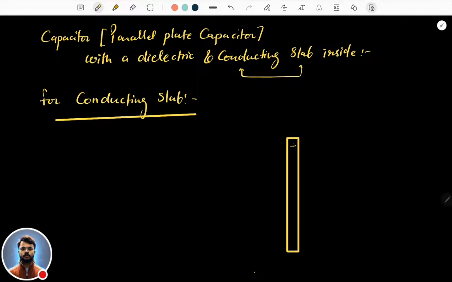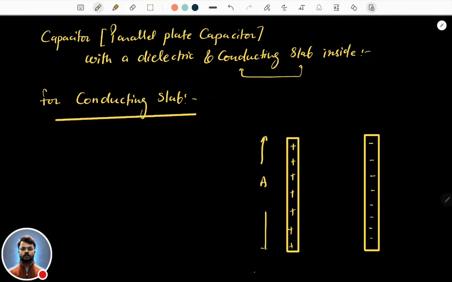Now this is the positive plate, and this is the negative plate. Here we consider that the area of the plate is A and the distance between the plates is D.